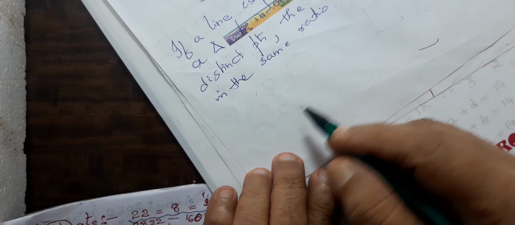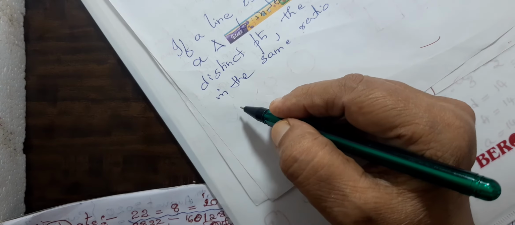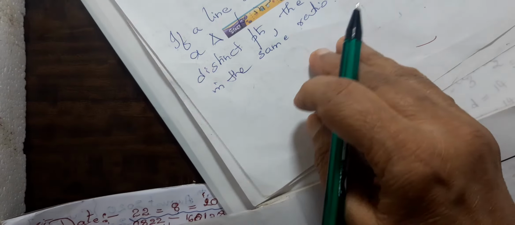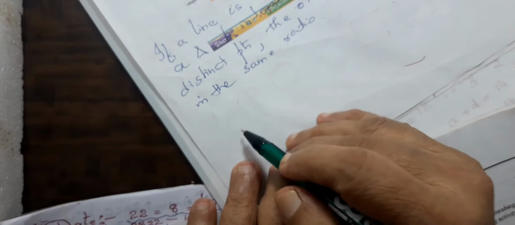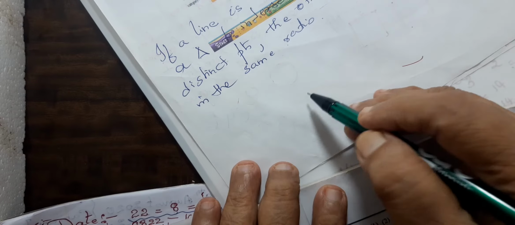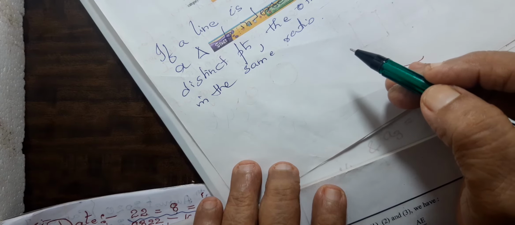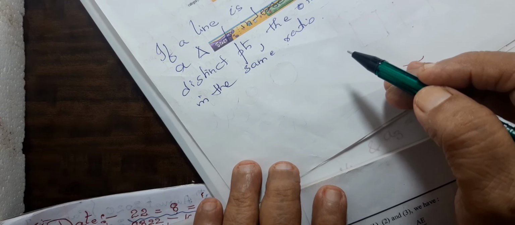Now see what they do in your present textbooks. They will not give you data, to prove that, construction, proof. They won't write like that. But last year we were asked in the text to follow the textbook. See here, I am keeping the textbook in front of me.